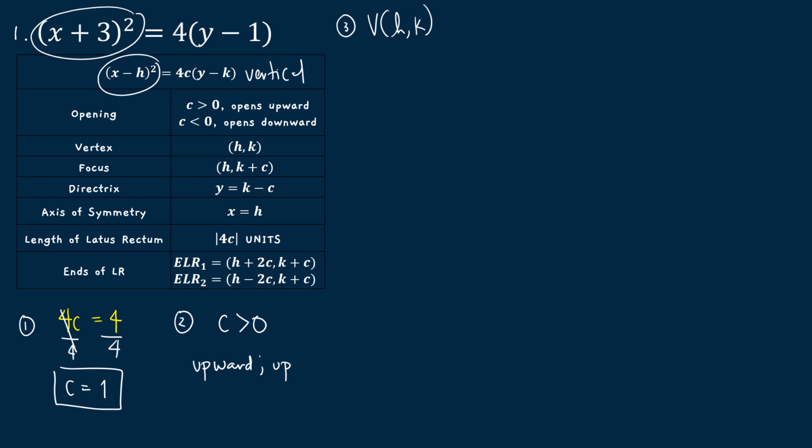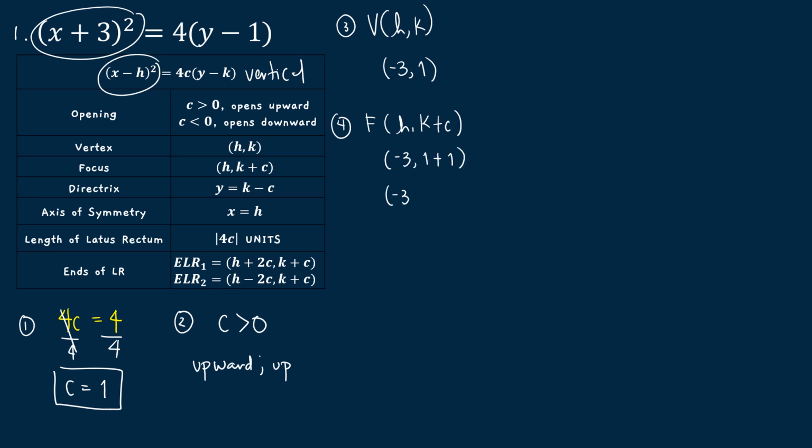So, if it is positive 3, it will become negative 3. If it is negative 1, it will become positive 1. Number 4, it would be the focus with H comma K plus C. So it would be negative 3 comma 1 plus 1.